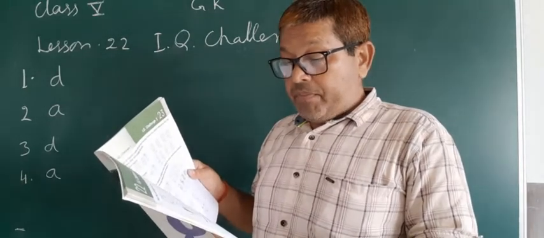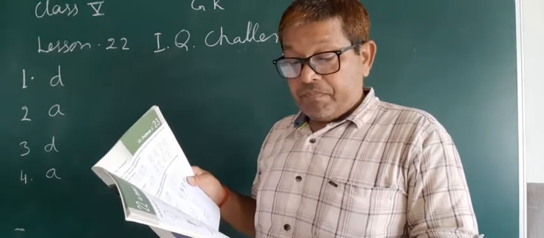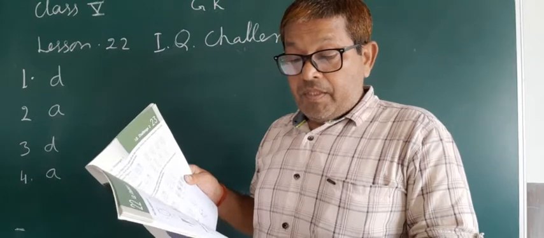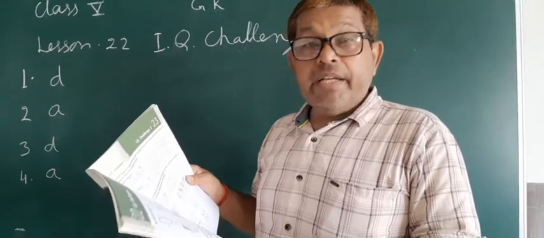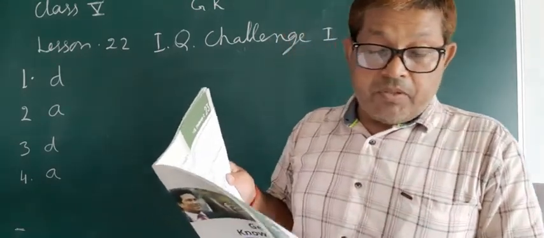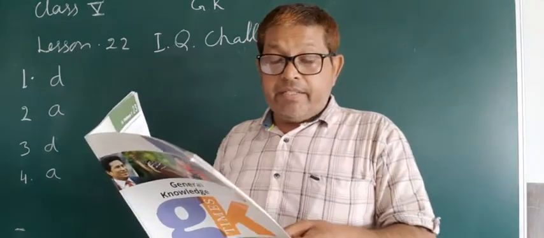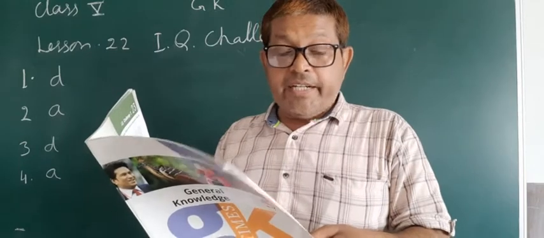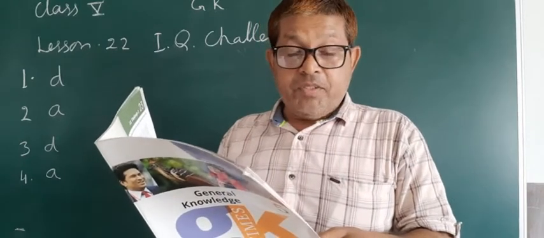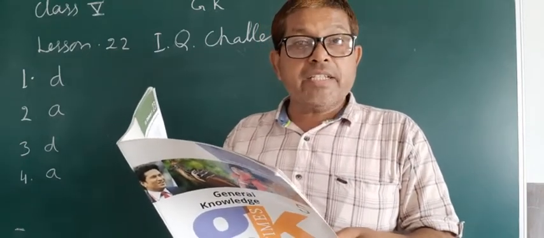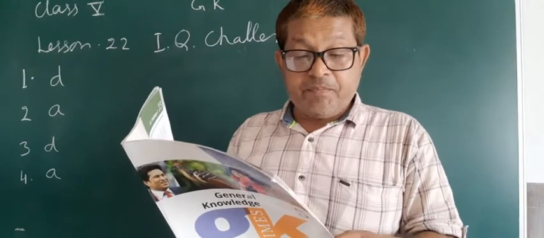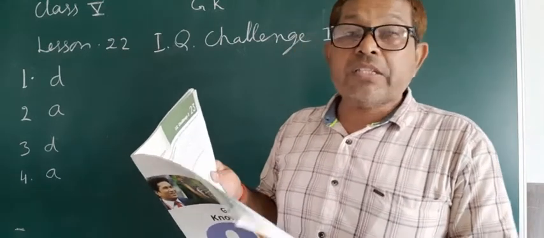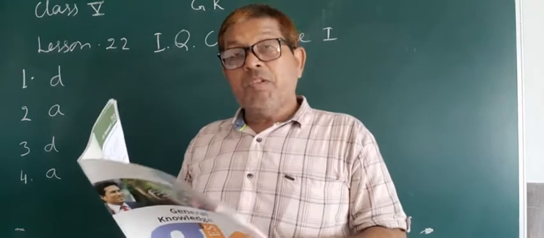So A, B, C and D. In every line you see that one circle contains 4 bars, one circle contains 3 bars, while one circle contains 2 bars.